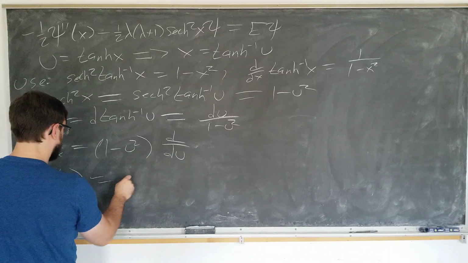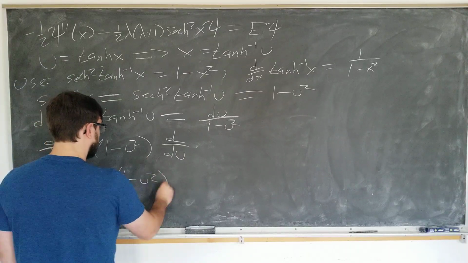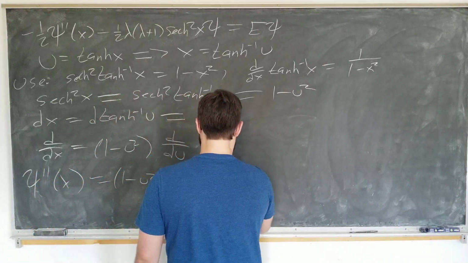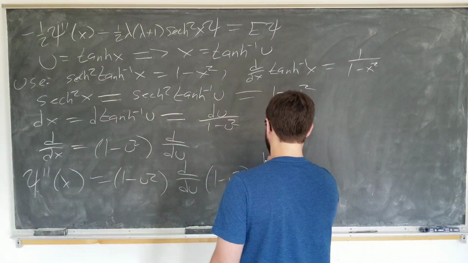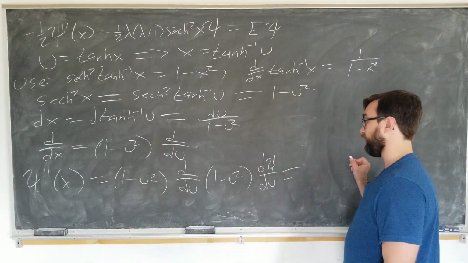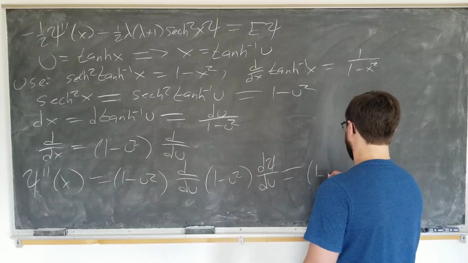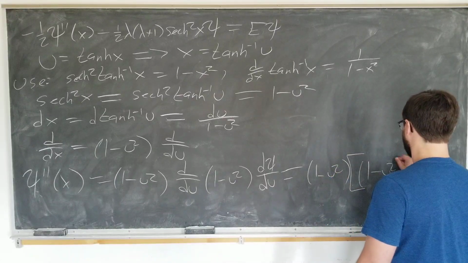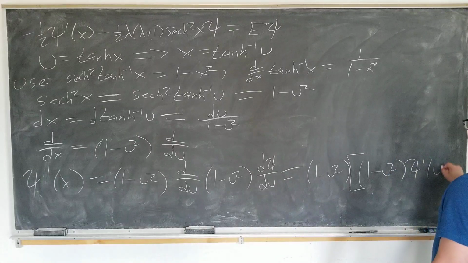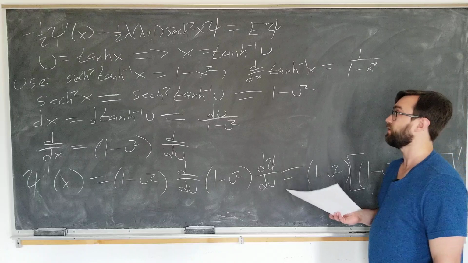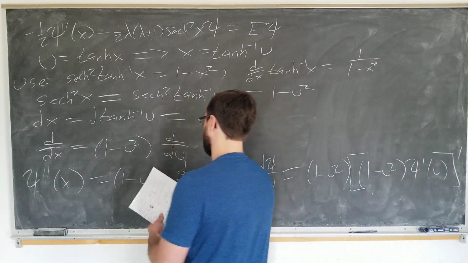Not a big deal. 1 minus u squared d by du, 1 minus u squared d psi by du. Using the prime notation here again, it's going to be 1 minus u squared times 1 minus u squared psi prime of u prime. Now we can just insert this and this into our expression above.